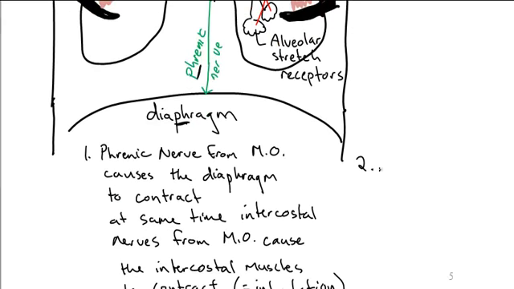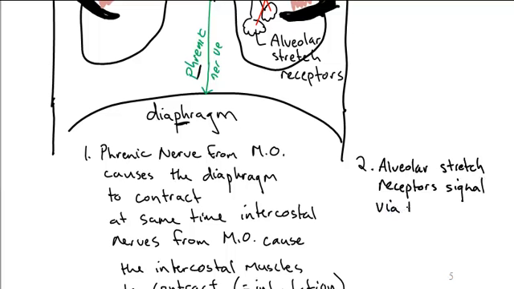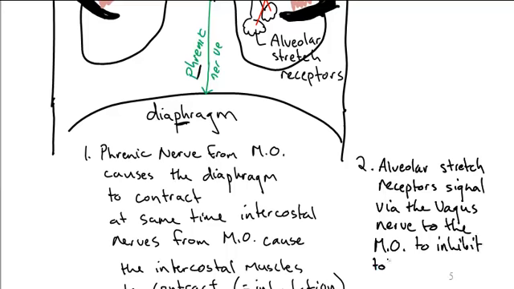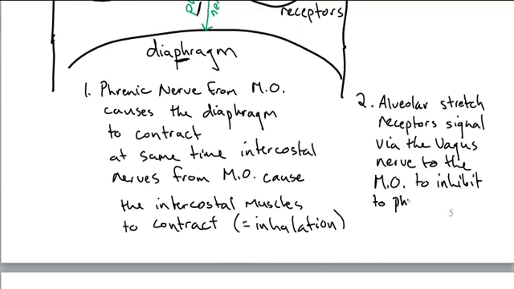In step 2, the alveolar stretch receptors signal via the vagus nerve to the MO, medulla oblongata, to inhibit the phrenic and intercostal signals, causing the relaxation of the diaphragm and the intercostal muscles to equal exhalation. That's the nervous control.